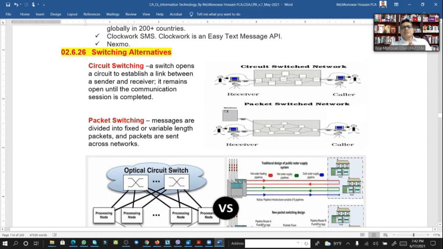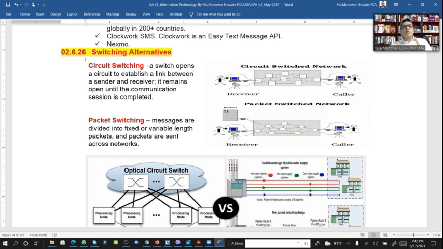So here, circuit switch is a switch that opens a circuit to establish a link between a sender and receiver. If we see the picture, here is the receiver and on the other side the caller or sender; this is how a circuit switch network works.